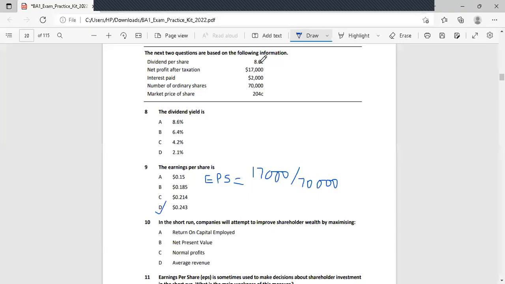DPS is already given as 8.6 and MPS is also given as 204.